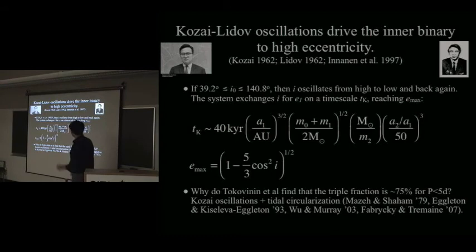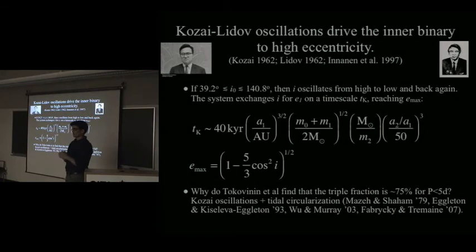All right, so the question of why, in that plot of Tokovinin et al., all the close binaries are in triple systems. Why, when you look at close binaries, do you always find that they're in a triple system? The basic explanation that emerges from some combination of the papers here is that all of the close binaries used to be farther away binaries, but they have a tertiary at high inclination.